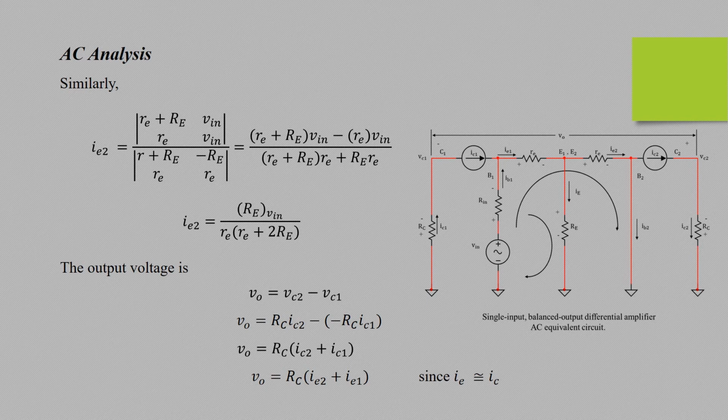We also know that the output voltage is Vc2 minus Vc1. We can write V0 is equal to RC into IC2 minus minus RC into IC1. That can be written as RC into IC2 plus IC1, or IE2 plus IE1, because we know IE is nearly equal to IC.